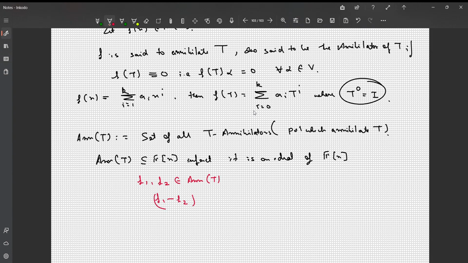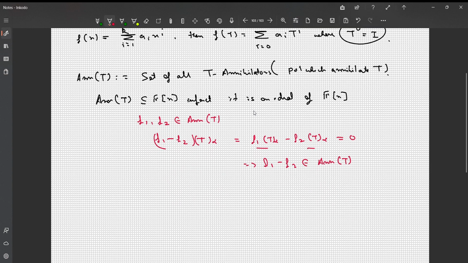Then what is (f1 minus f2)(T) for some alpha? By definition it's f1(T) of alpha minus f2(T) of alpha, which is again 0 because each of these elements is 0. So that means f1 minus f2 will be in the annihilator of T, right?